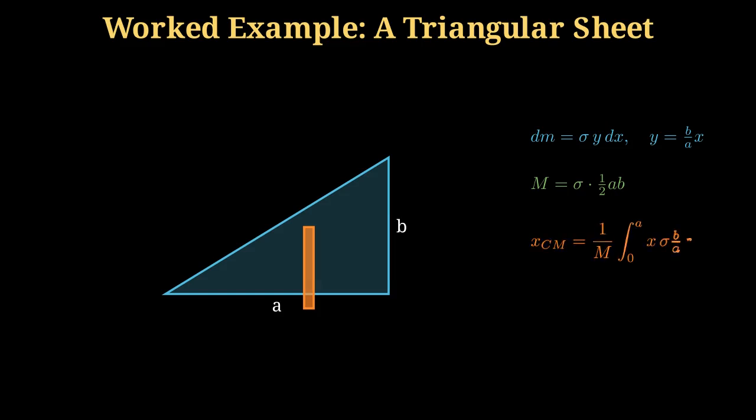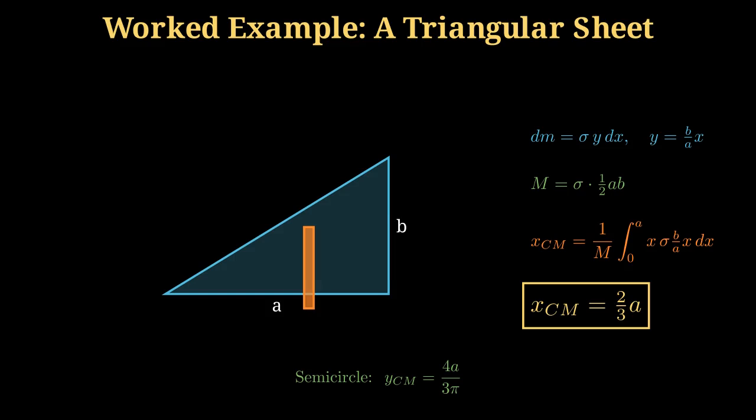Put it together and integrate x squared across the base. Out comes 2/3 of the way from the tip, right by the wide base. Intuition wins again. The very same recipe handles a semicircular sheet of radius A, only the shape of the slice changes, and gives a center of mass 4a over 3 pi up from the flat edge.